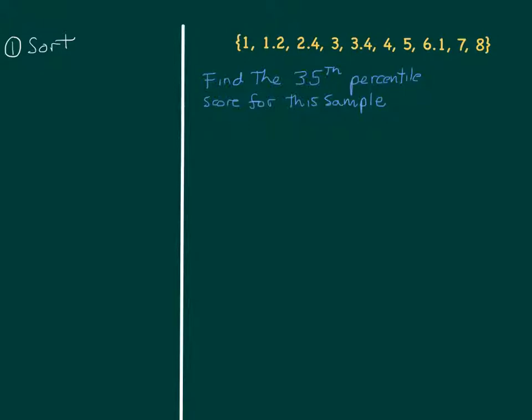Our next step is to compute L, which you can think of as where along the list this score should occur. The way you compute L is you take your percentile number, divide by 100, and then multiply by the number of elements in the sample.